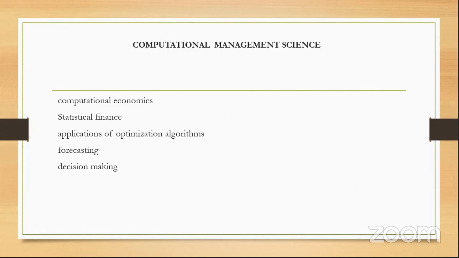These things you can apply there, and accordingly you can see the production level and the cost of production. Here you can also apply the Cobb-Douglas model as a production function. So computational techniques play a huge role in microeconomic theory. Statistical finance is obviously there because it is the application of econophysics to financial markets.